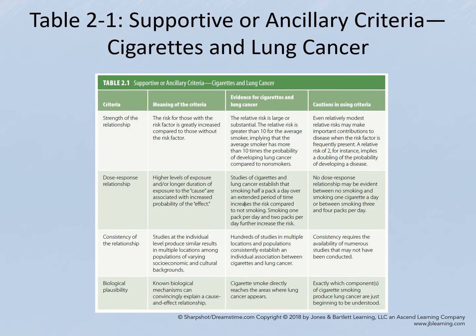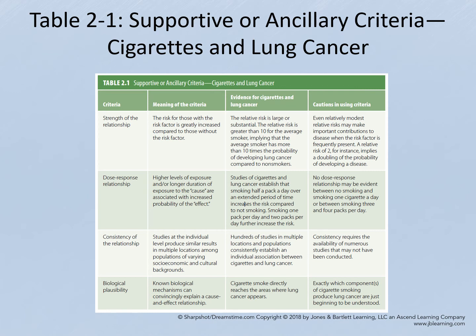So let's look at these ancillary criteria, first, the strength of the relationship. The strength of the relationship can be identified through a statistic known as relative risk. Relative risk for cigarette smoking is calculated by the probability of lung cancer for cigarette smokers divided by the probability of lung cancer for non-smokers.